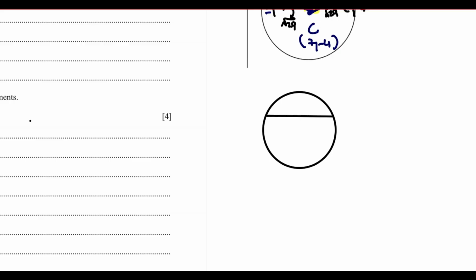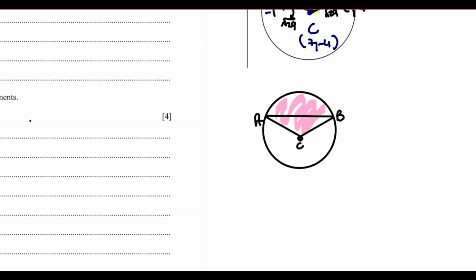Let's make a simplified version of our triangle and circle. This is a sector wedged between that angle ACB. Let me fill in the letters, ACB.